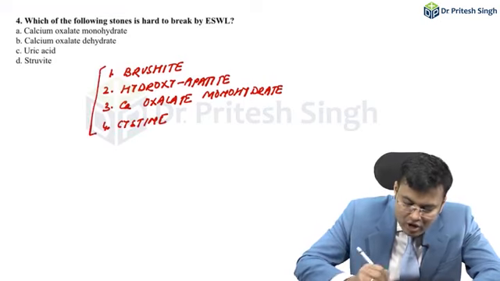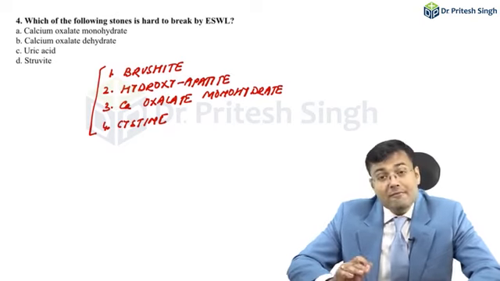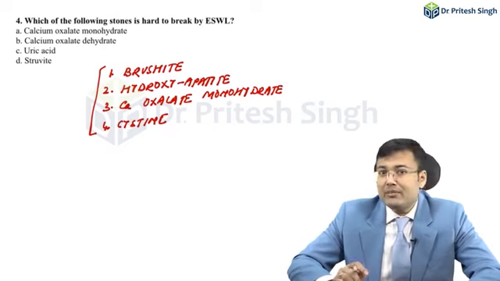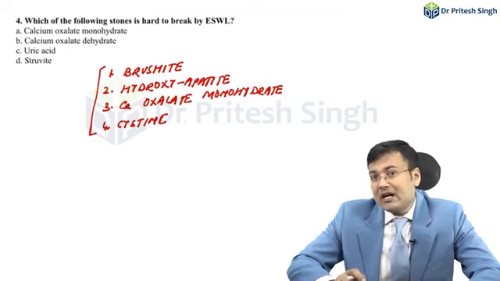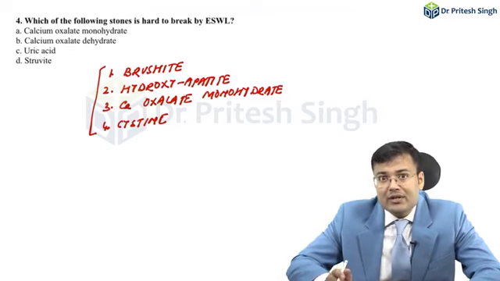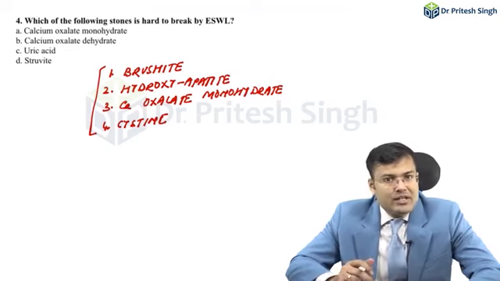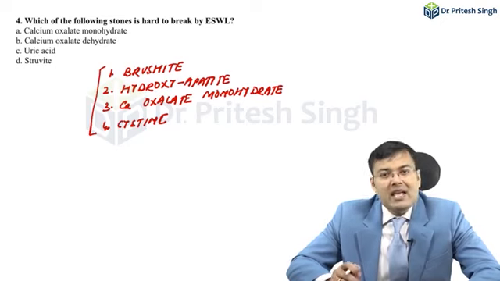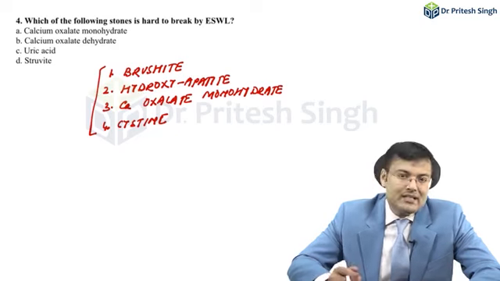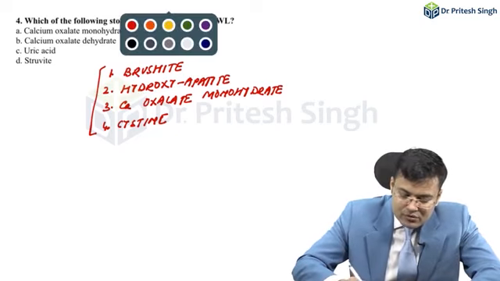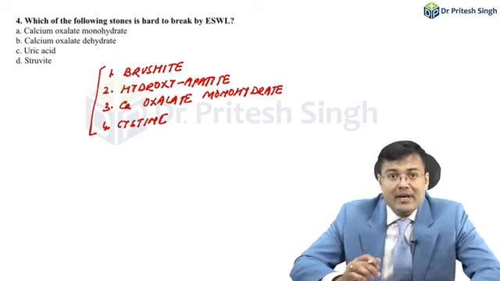So be careful. All these 4 stones are very hard, not easily broken by ESWL. This question was asked in many exams and the answers were different. Somewhere hydroxyapatite was mentioned, somewhere calcium oxalate monohydrate was given, and somewhere as a correct answer cystine is given. So all these 4 stones are very hard, not easily broken by ESWL.